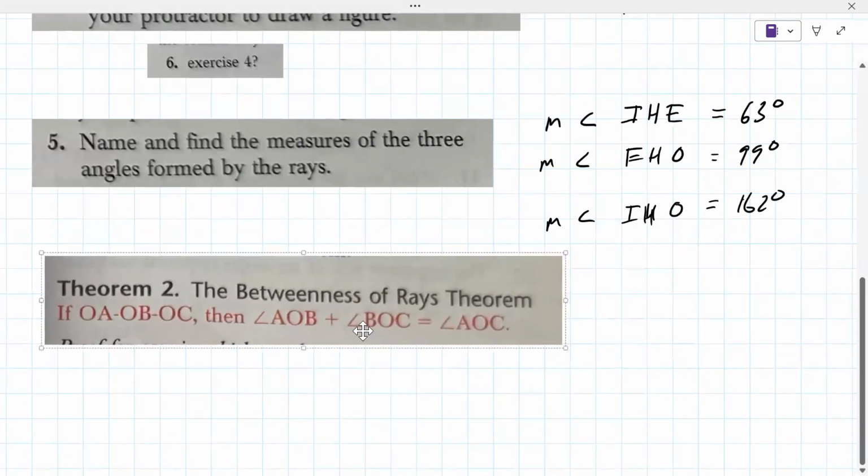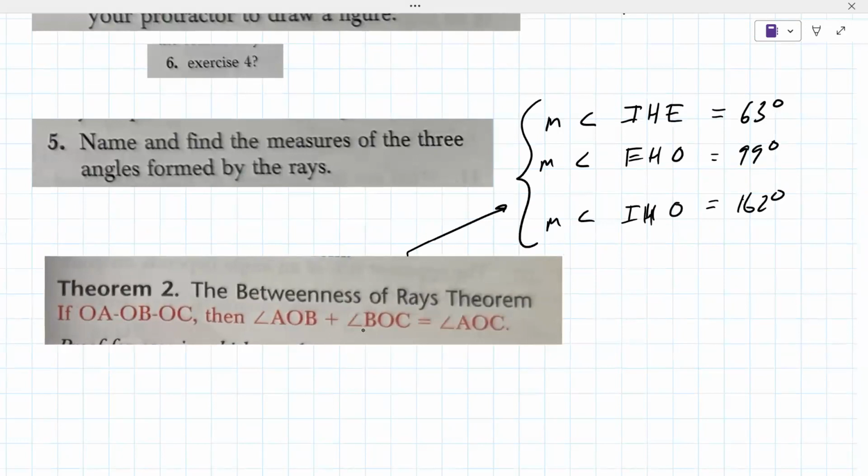This looks more like it applies to what we just did over here, where you're adding up the angles.